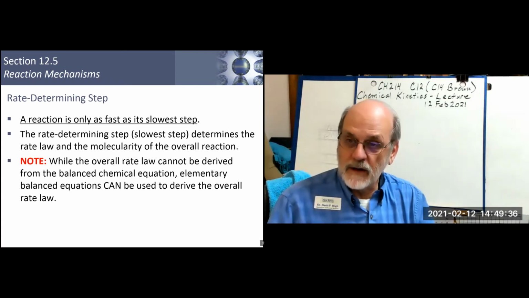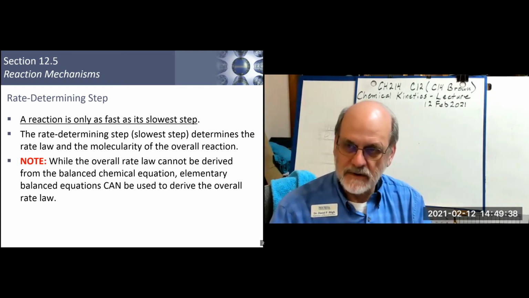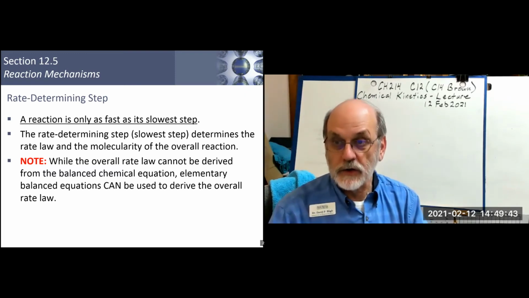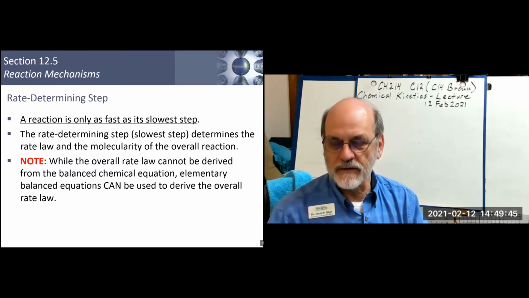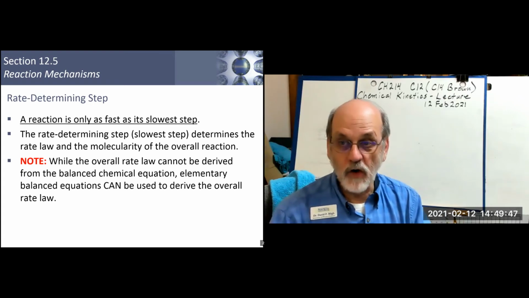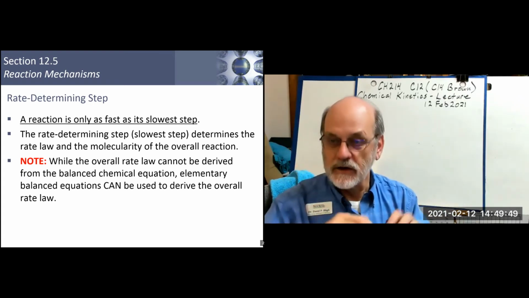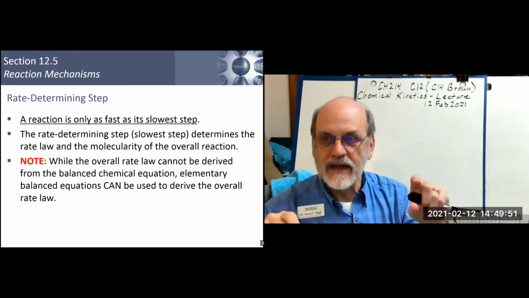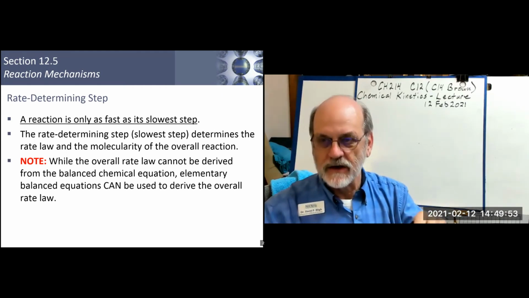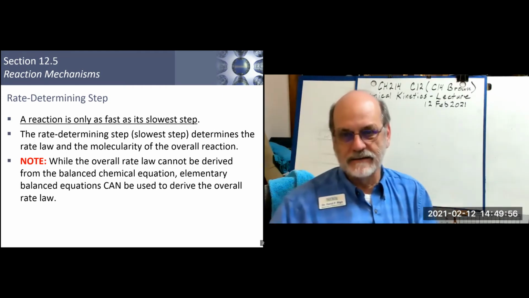So that's why elementary steps in an overall reaction sometimes are very elucidating in terms of the reaction rate of the overall reaction, because then you're saying that this one step is what slows everything down to the observed rate.